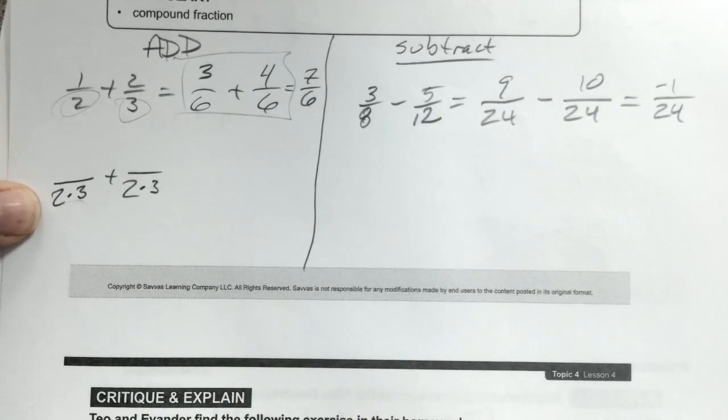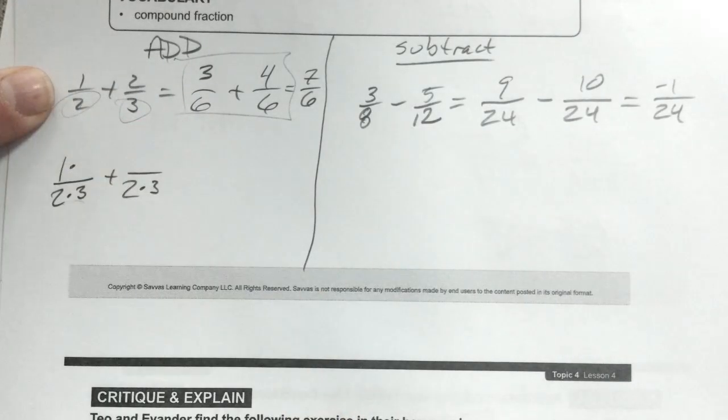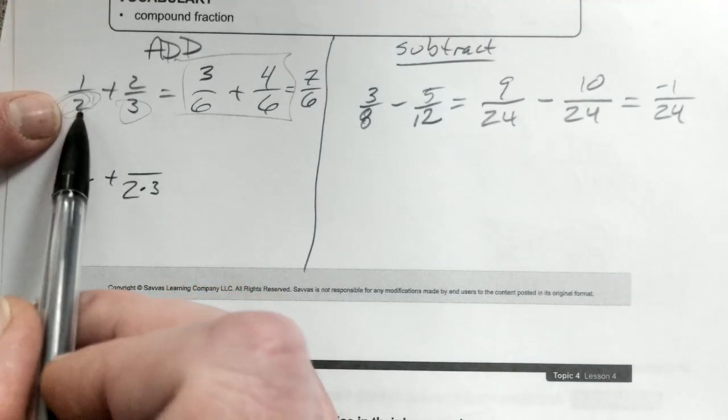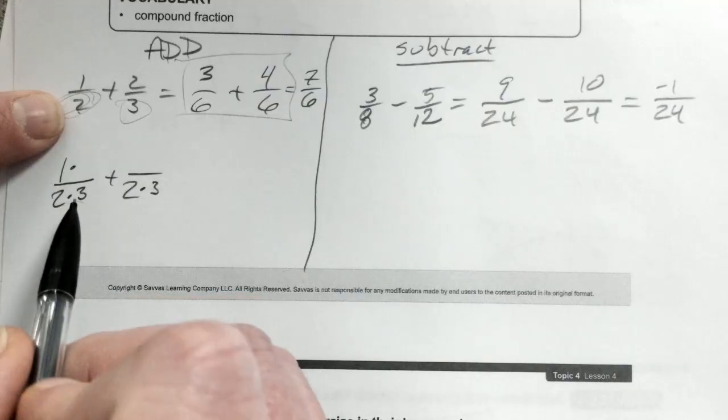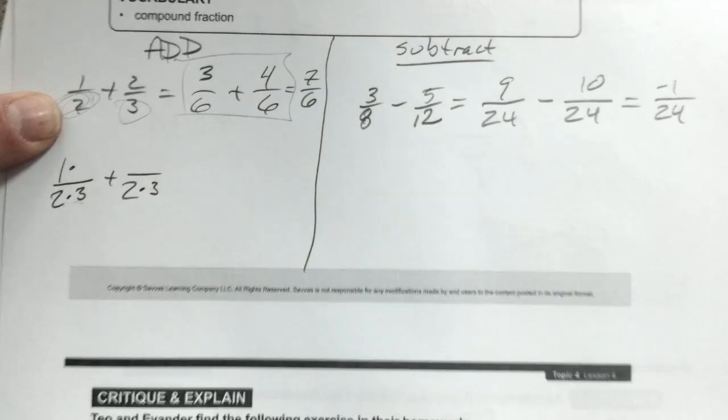I multiplied them as my factors of the common denominator. Now, I start with the original numerator and I multiply it by the factor that we gained. So, what factor did we gain from 1/2 to something over 2 times 3? Times 3. We gained the 3, yes.